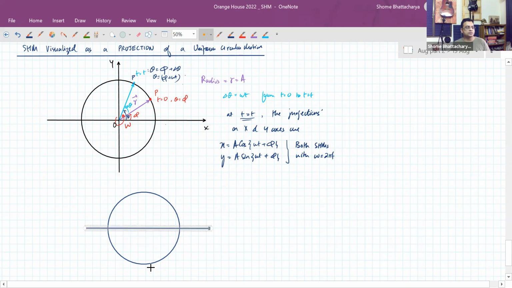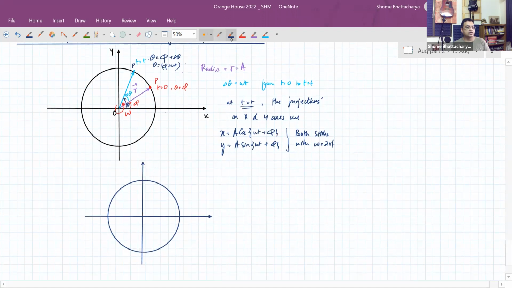If you actually imagine a particle like this going around in circular motion, and you imagine the shadow it is casting on one of these axes, whichever one you select. So when it is here, for example, the projection is at this point. As it is going like this, the projection is going up. By the time it reaches here, the projection is here, going up. Okay.